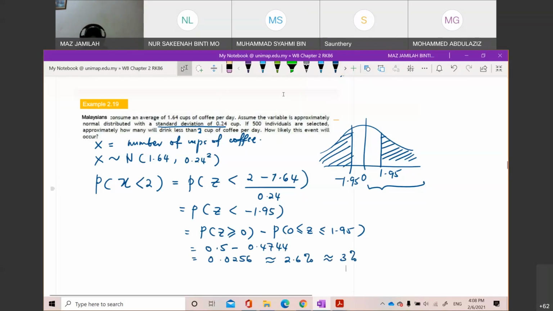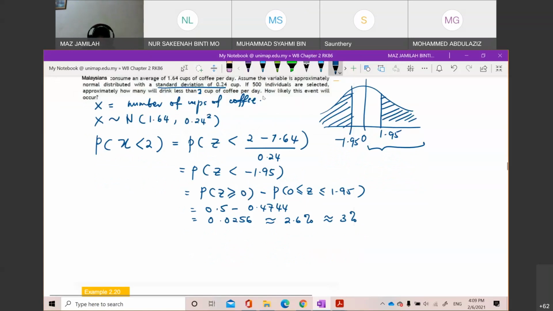If 500 individuals are selected, approximately how many will drink less than 2 cups? So you are looking for the number of coffee drinkers. In order to find it using the probability that you have obtained, 500 multiplied by 0.0256, you will get 12.8, or you can approximate to 13 people.